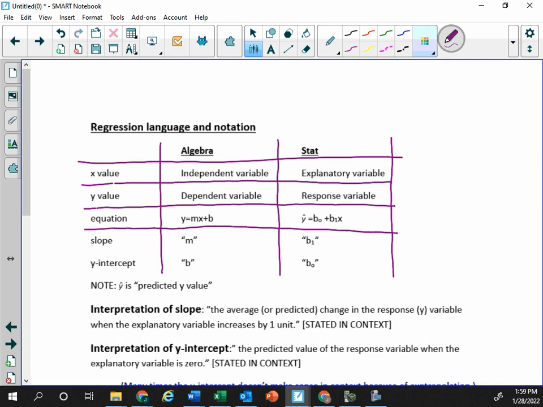The equation looks a little different. Slope went from being m to b sub 1, and your y-intercept went from b to b sub 0. Remember that y hat is the predicted y value.